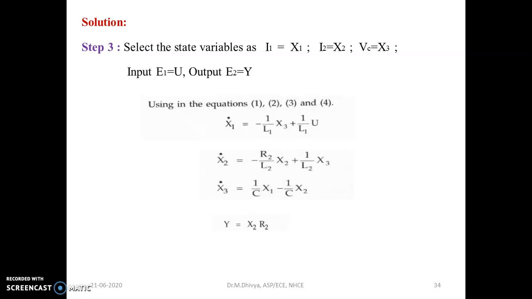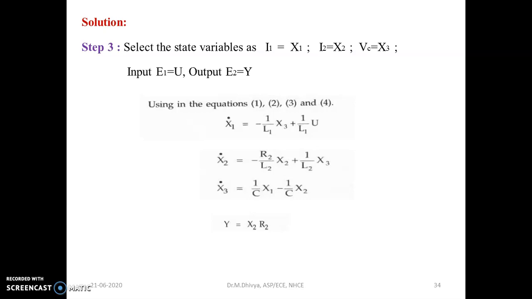There are 2 physical variables, current and voltage, which vary with time. Resistor, inductor and capacitor have the values resistance, inductance and capacitance. They are constants. They do not vary with time.